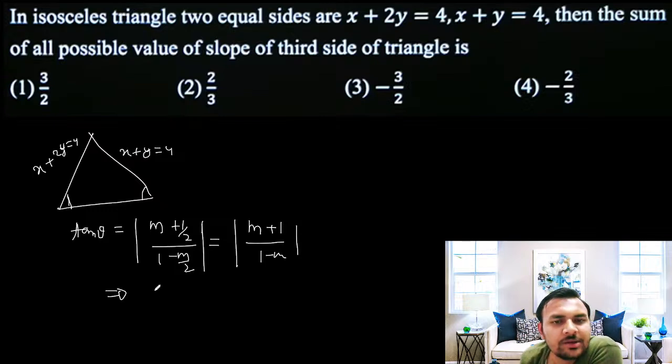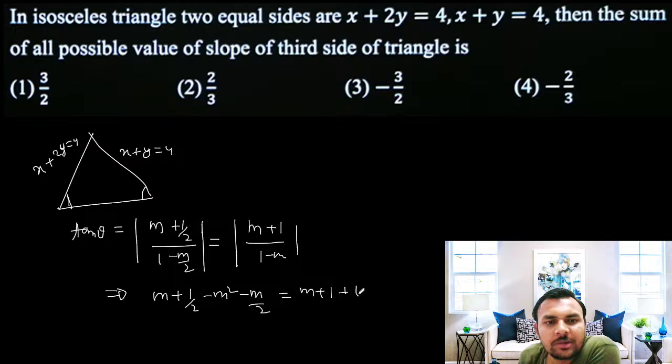First we open with plus. So m plus 1 by 2 minus m square minus m by 2, m plus 1 plus 1 minus m by 2. The m by 2 cancels, m cancels.